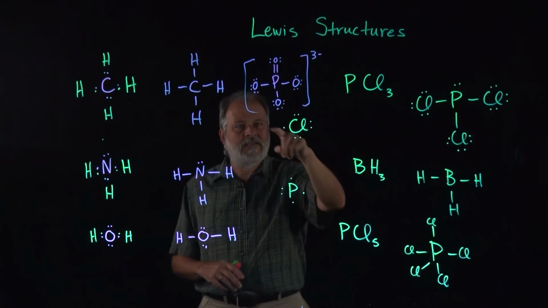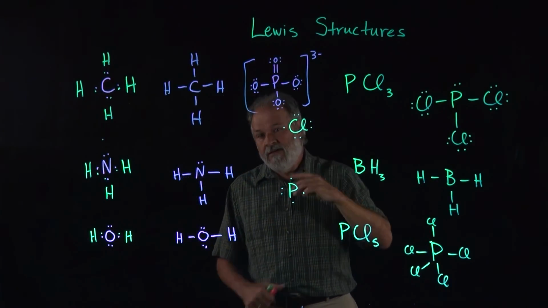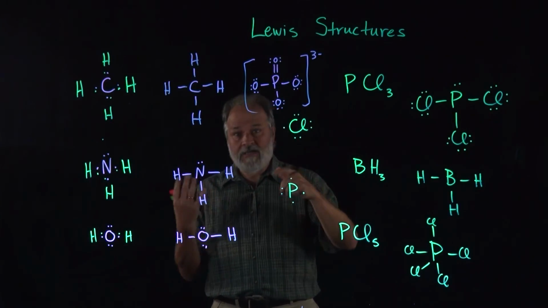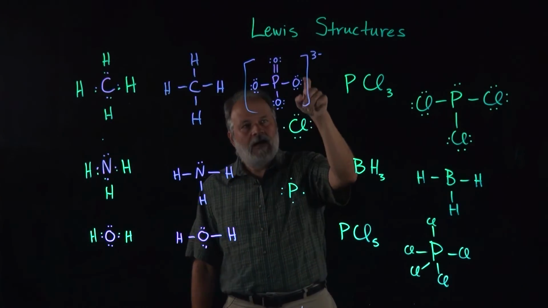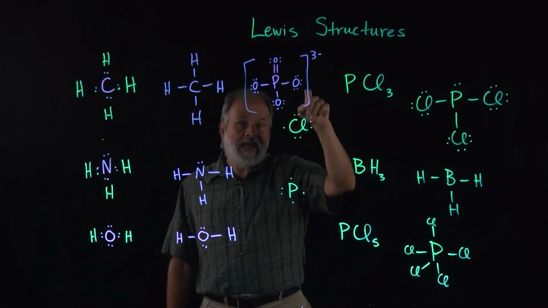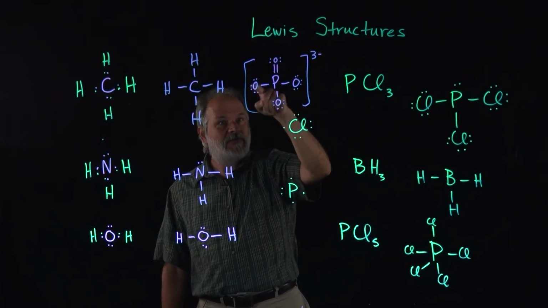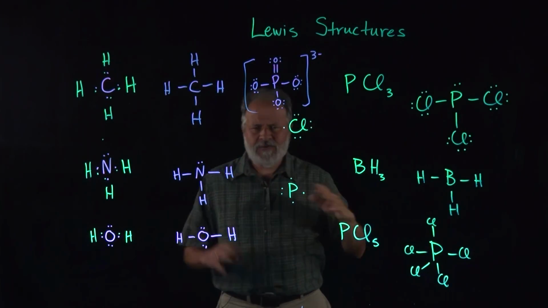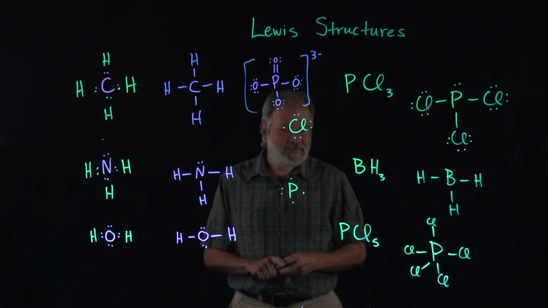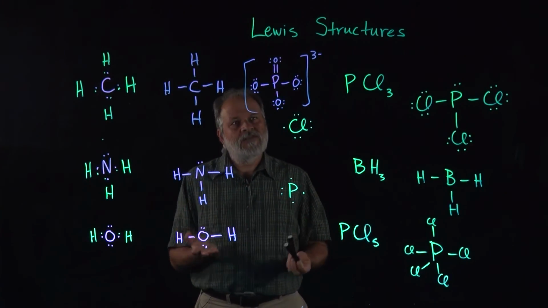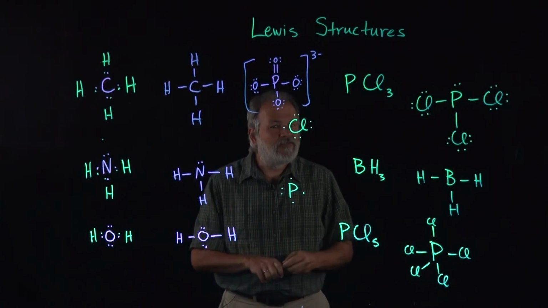And so then you look and see, are there 32 electrons here? If not, then you've got to take some away if you have 34, or if you have 30, you've got to put 2 more in. So one way is you can count by 8s if you know what you're doing. So there's 8 around that oxygen, 8 around that one, 8 around that one, 8 around that one. That's 32 electrons. Real quick to count to 32 by 8s. All right, and so that's what you might see for phosphate.